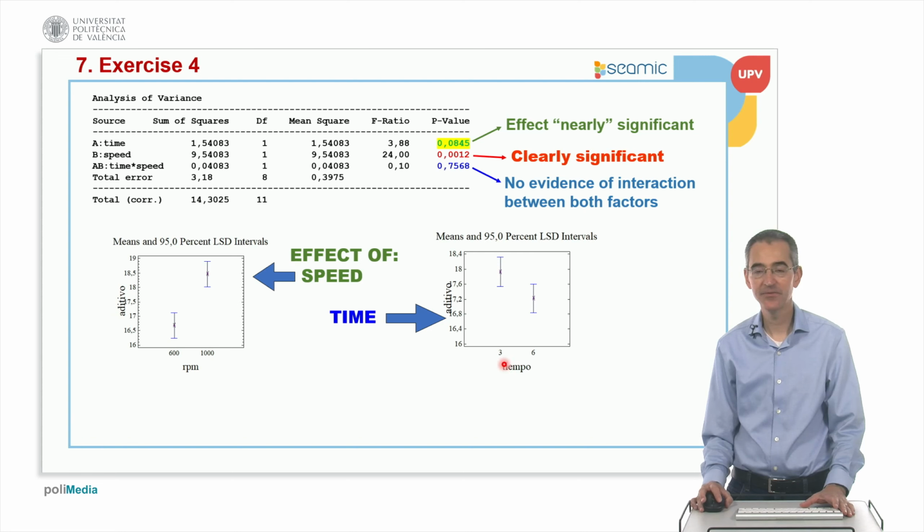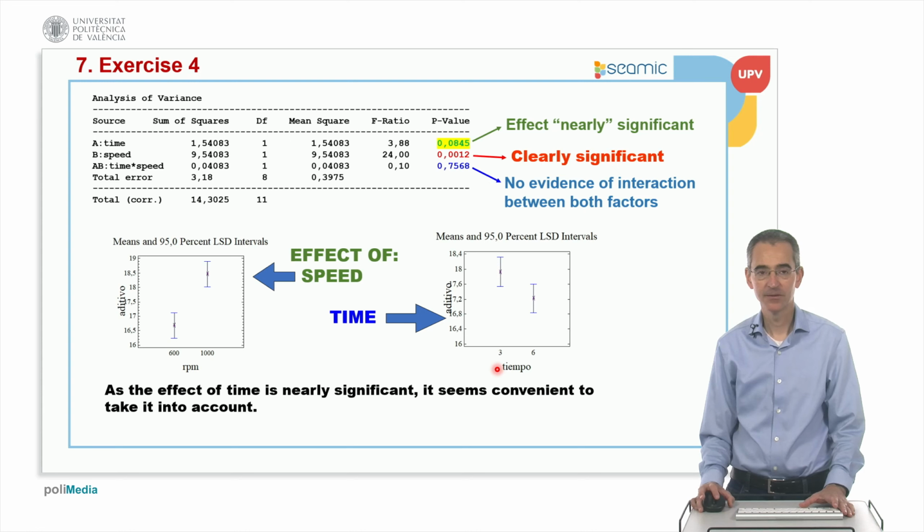But if we consider that the effect is nearly significant, maybe it's better to choose 3, because it seems that probably on average the response variable will be higher, and interestingly it corresponds to the lower time. Lower time means that we are saving time, and that is convenient from an industrial standpoint. So, as the effect of time is nearly significant, it seems convenient to take that into account. Those are the optimum operative conditions: speed 1000 and time 3 minutes.